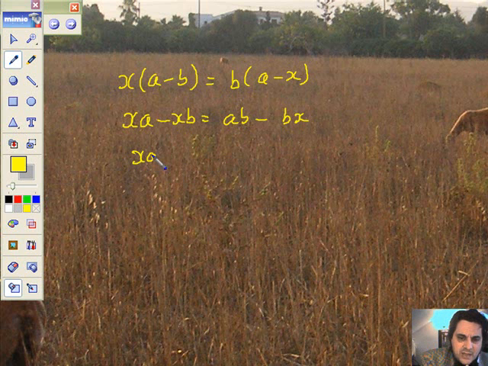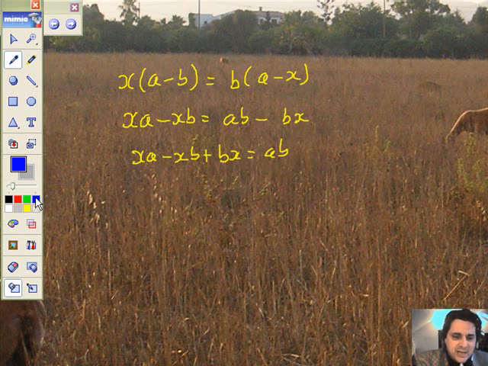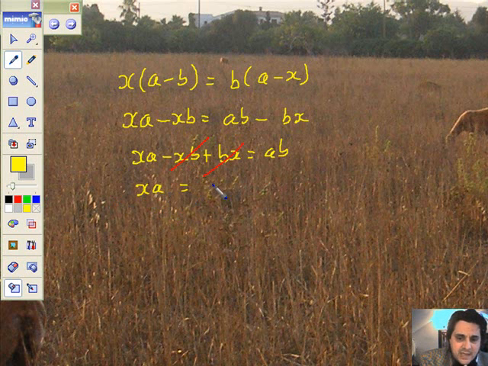I've got xa minus xb plus bx equals ab. Now take a really good look at this. xb and bx is exactly the same. Reason being, a times b is the same as b times a. 3 times 2 is the same as 2 times 3. They have gone bye-byes. Therefore, I'm left with xa equals ab.